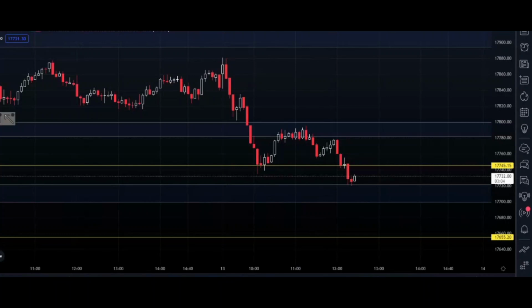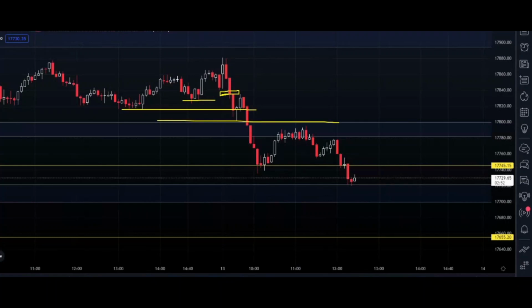Now the morning sellers who sold here were pretty brave sellers, because the market could find support here, here, and here, and still people who sold in this zone, if their stop losses were here or here, then this would be a very huge stop loss.